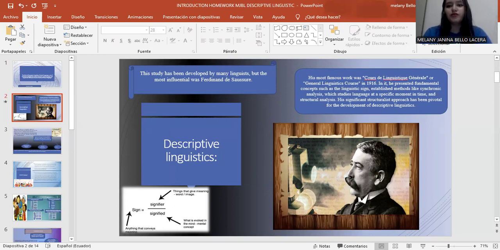His most famous work was the Course in General Linguistics in 1916, and he presented fundamental concepts such as the linguistic sign, which you can see in this part, and he established methods like synchronic analysis, which studies language at a specific moment in time, and structural analysis. His structuralist approach has been pivotal for the development of descriptive linguistics.